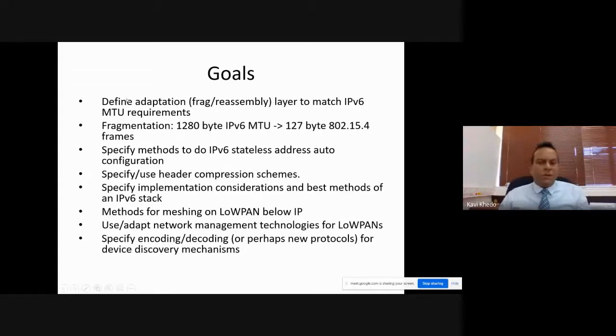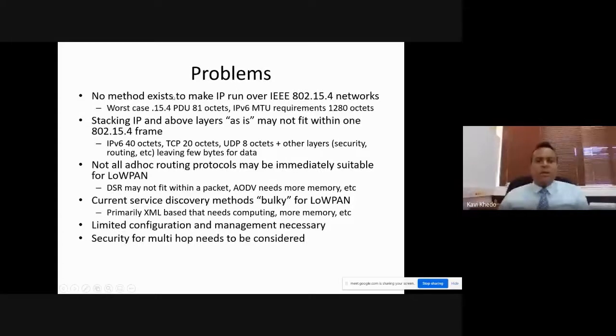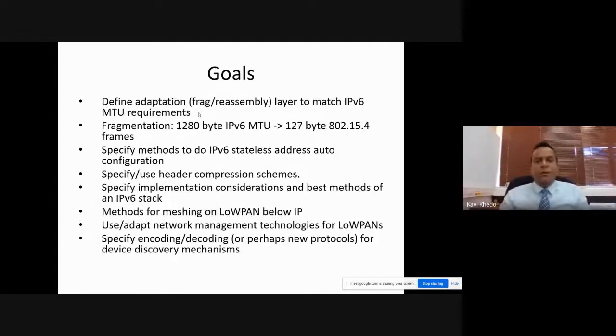So the goal: we need to define an adaptation. Here we're talking about the solution. Here were the problems, and here is the solution. Define an adaptation layer to match the IPv6 requirements. So fragmentation: 1,280 bytes for IPv6 should be mapped into 127 bytes for an IEEE 802.15.4 frame. So we need to be able to convert this.